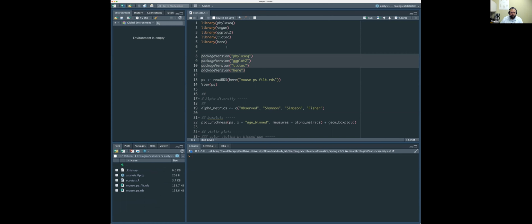I've already loaded the libraries. These are the version numbers of each of those libraries that I'm using. I'm running R 4.2.0, which may or may not be the absolute most recent R, and it is not. I am a minor version behind.